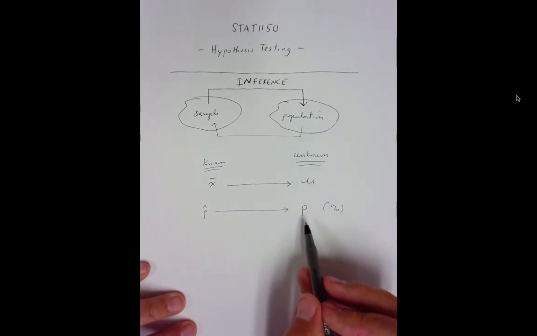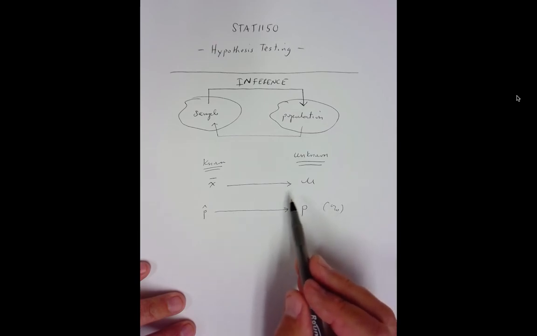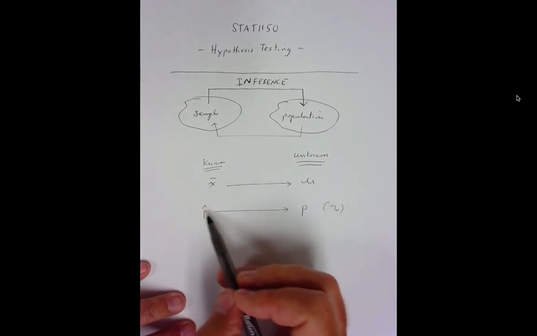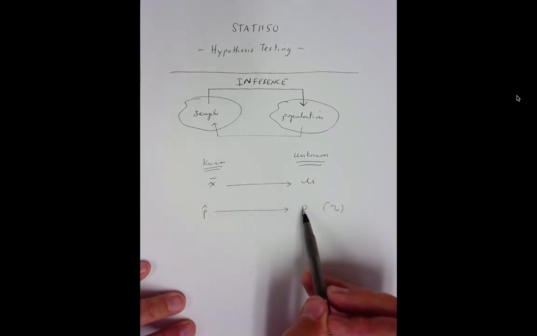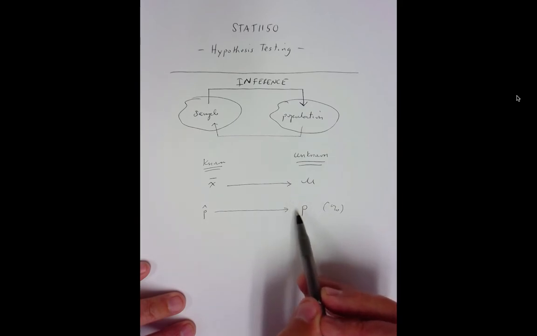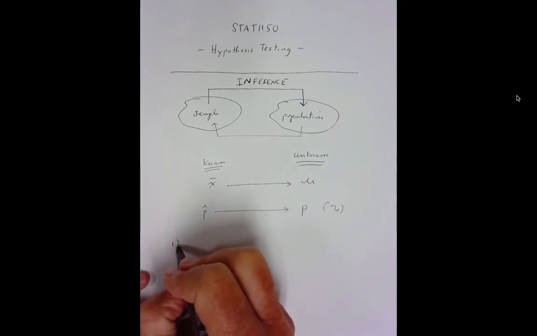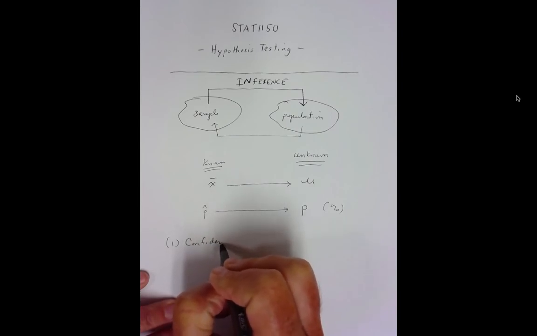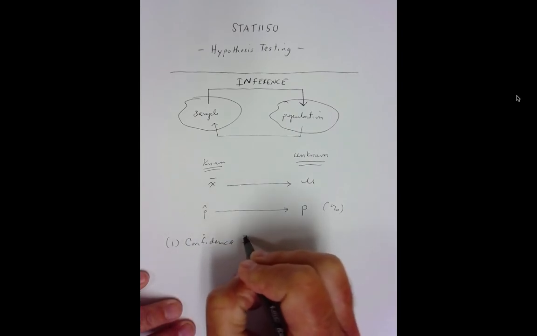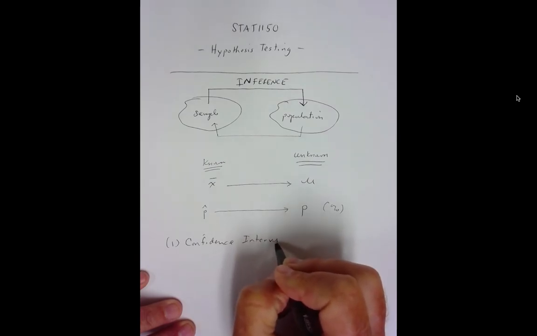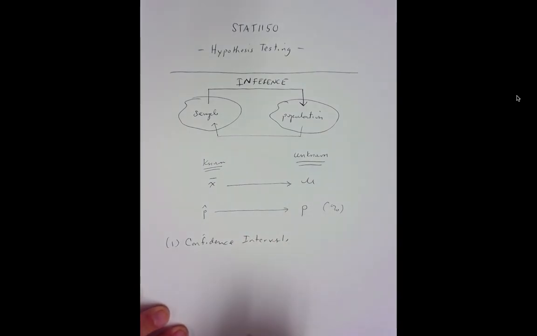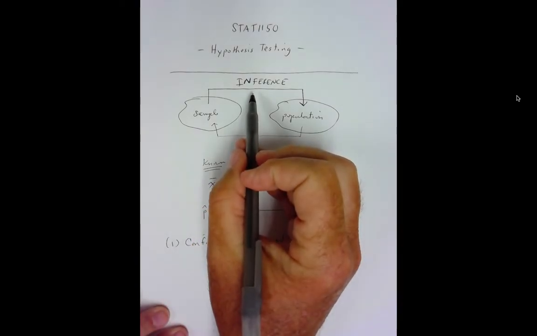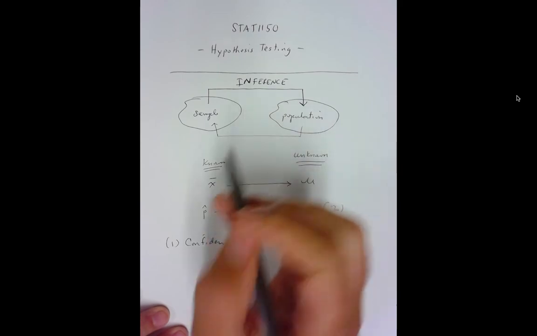Now, I'm not going to go into all the reasons why, but because of sampling variation, we have error, so we need to build in margin of error. That's what we've taken a look at recently, called confidence intervals. So confidence intervals are one technique under the heading of inferential statistics.